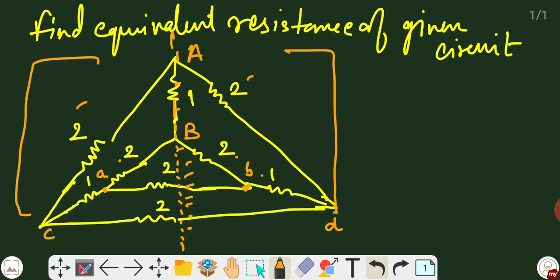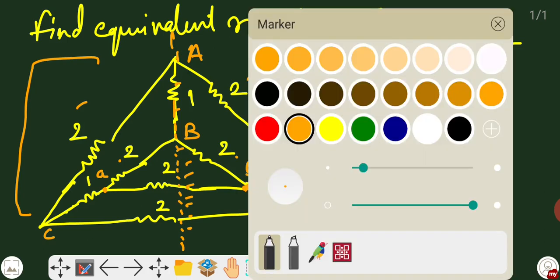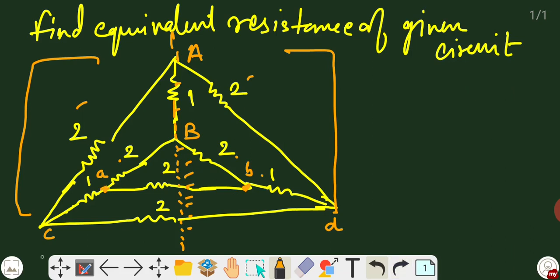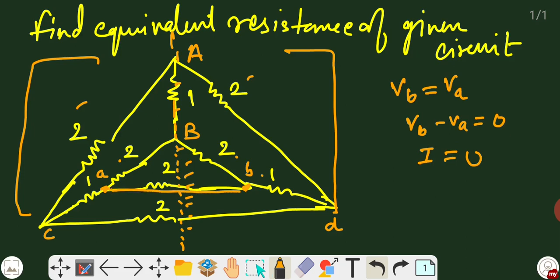Now when we fold this circuit, you will observe that point B will come across point A. It means that VB will be equal to VA. When both the potentials are the same, the potential difference is 0. It means no current will flow across this portion, so we will remove it.